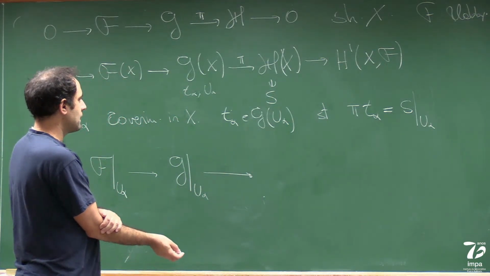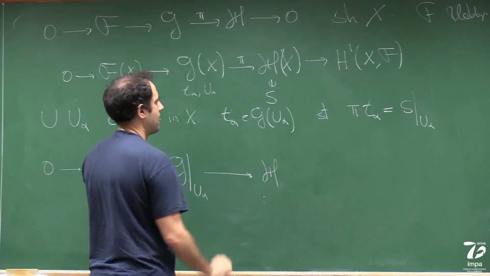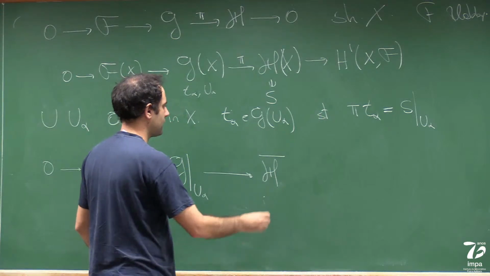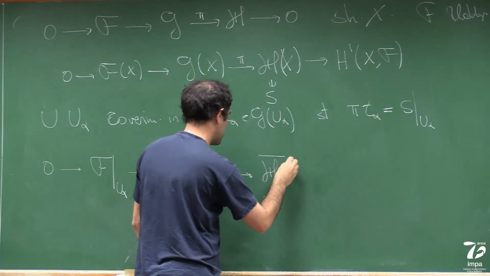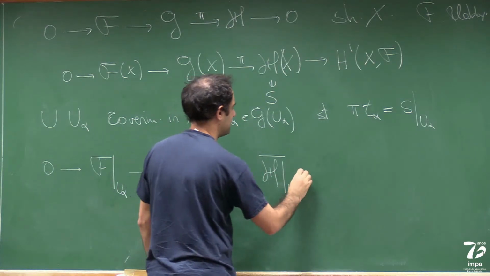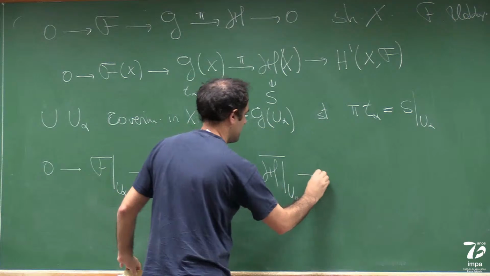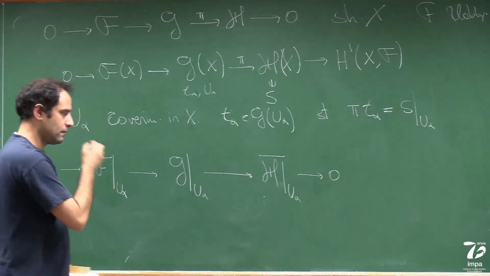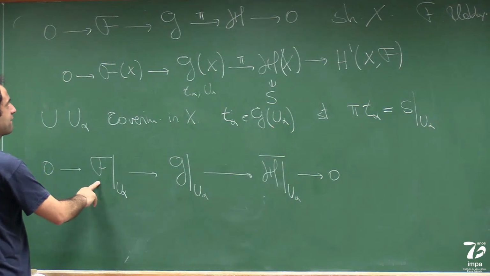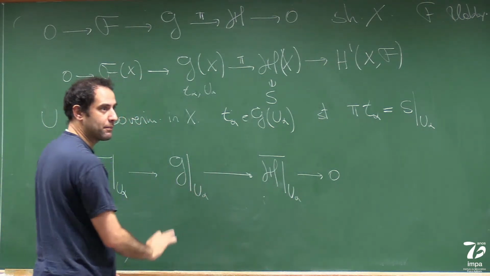Now, here I'm going to have some sheaf, let me call it H bar, which is going to consist of restrictions of H to U alpha. But I'm just going to define it to be the co-kernel of this map. And so this is an injection of sheaves. This is the restriction of F to U alpha. This is the restriction of G to U alpha. And this, by definition, is just the co-kernel of that one.